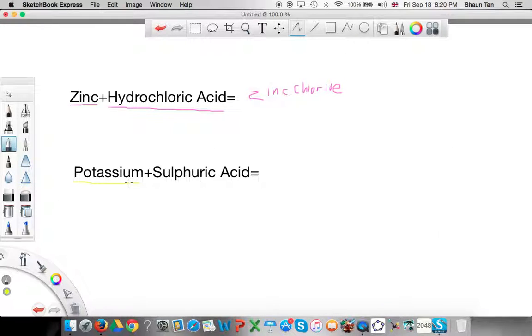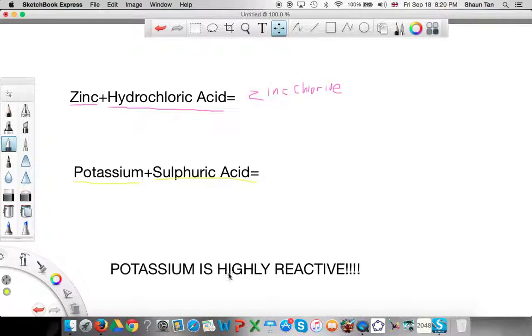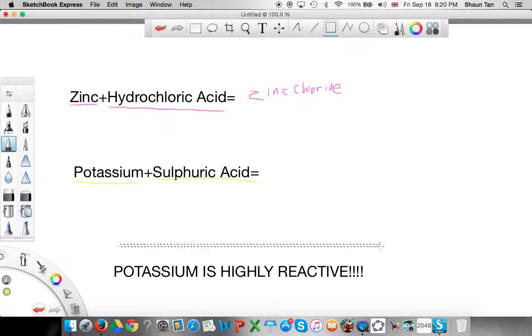We look at potassium. As you know, potassium is number 1 on the reactivity series. It's the most reactive. Let's type that down: potassium is highly reactive. I put that in my yellow box right here. And sulfuric acid gives sulfates, so this answer will be potassium sulfate.